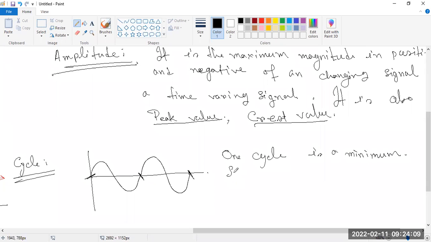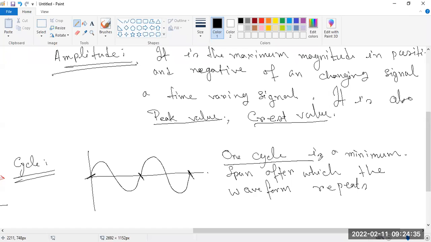Minimum span after which the waveform repeats. One complete cycle means one cycle.